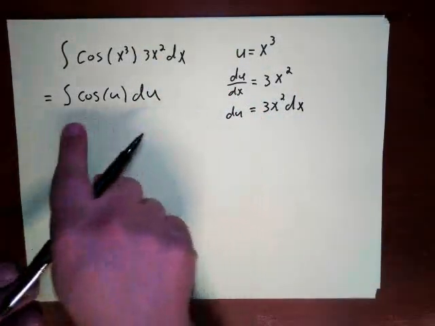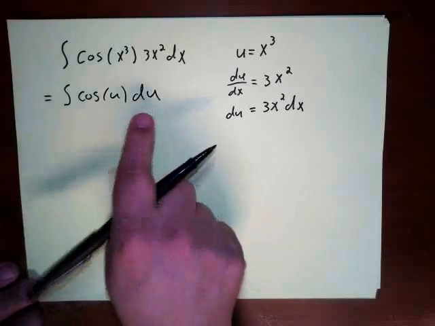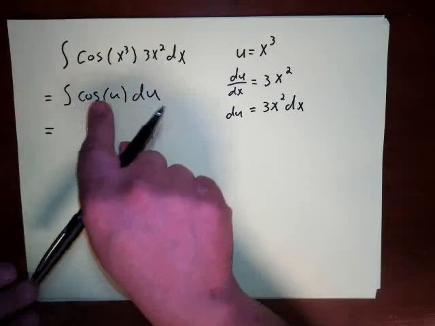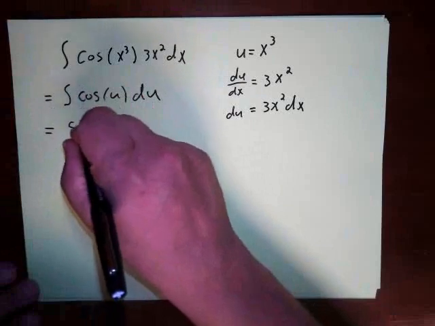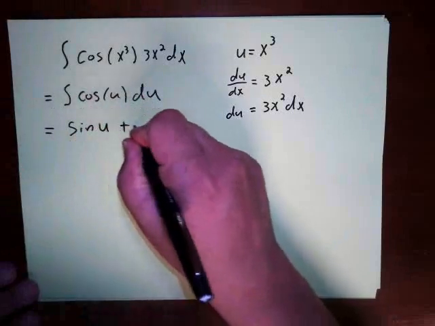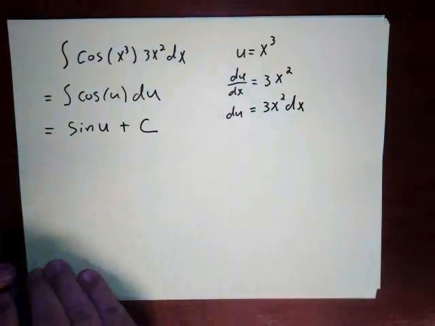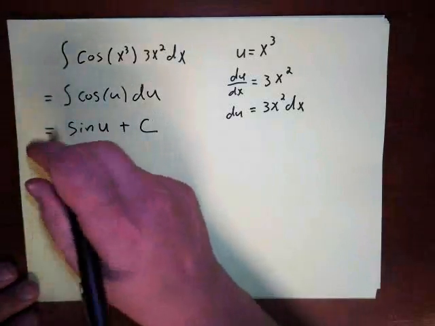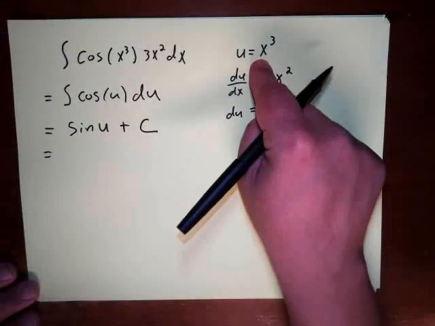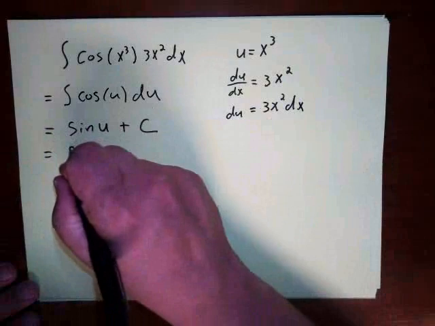And so now I just have a simple integral, and the antiderivative for that would just be sine of u plus c, and then to finish off I can put the x cubed back in for u.